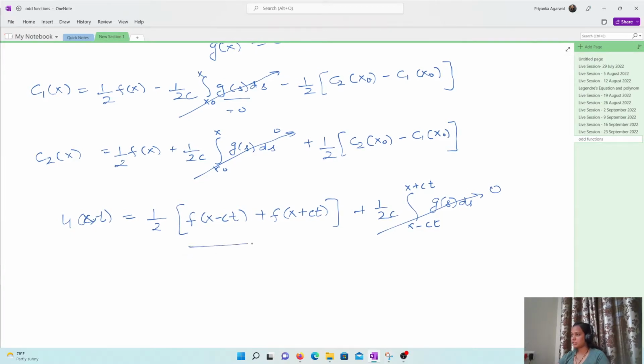So now we are only left with this term, and what we know is that f of x is cos square x. So we can simply replace f with cos square, and that would be our solution, right?